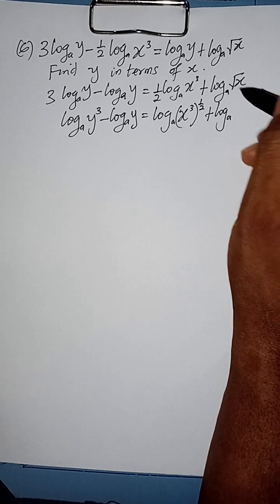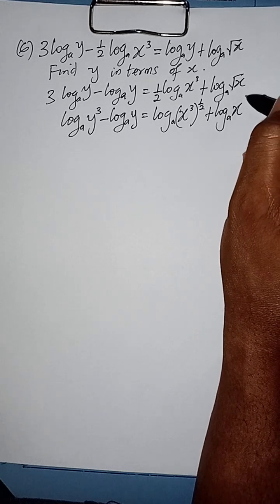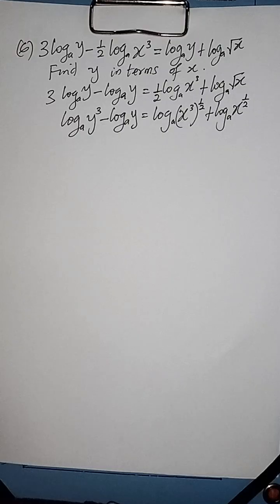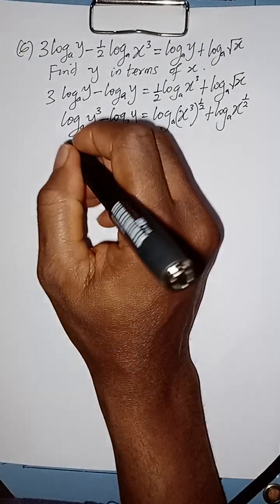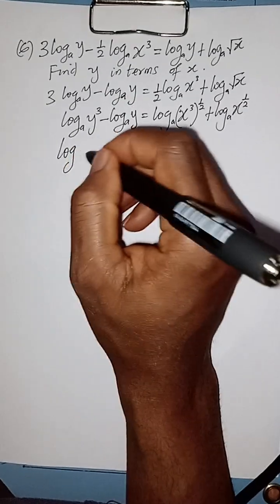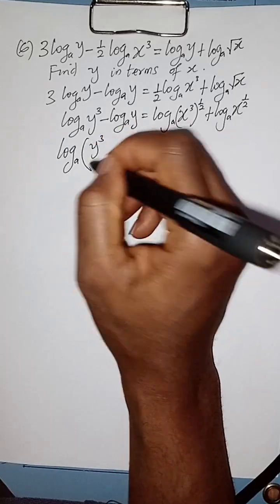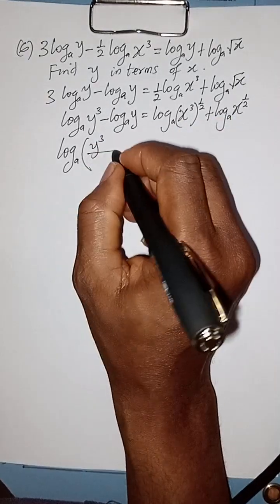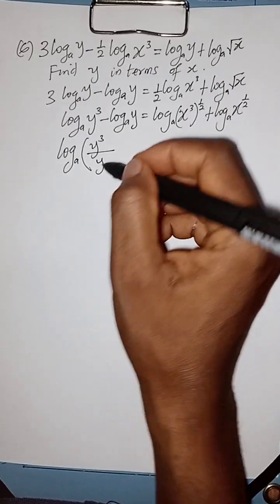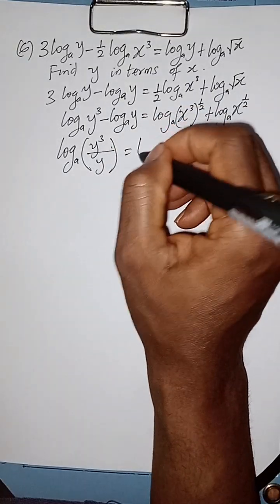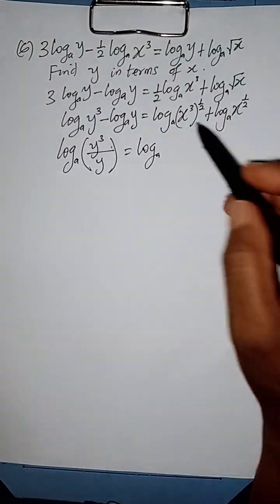Now you can take away the square root symbol and that becomes 1 over 2. Now we've done this before. So let's reduce them to one log, both at your left-hand side and at your right-hand side. So if we take one log, this is y raised to power 3 divided by y, equal to log, take one log.